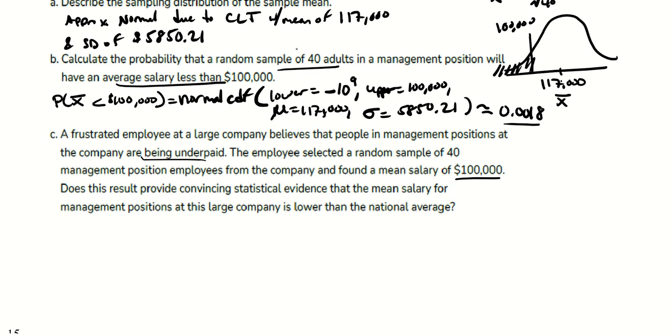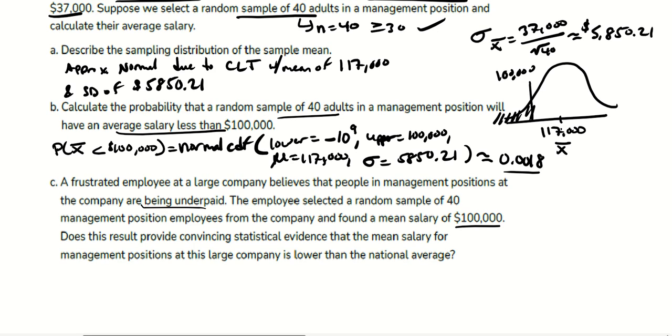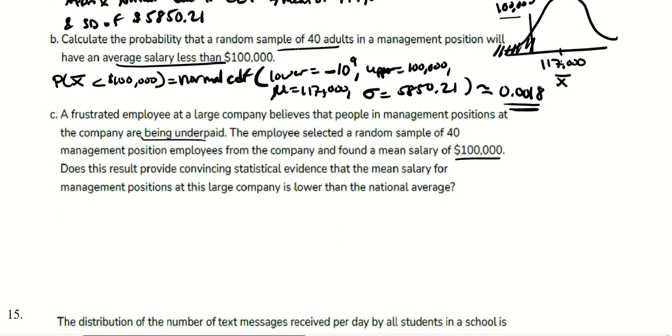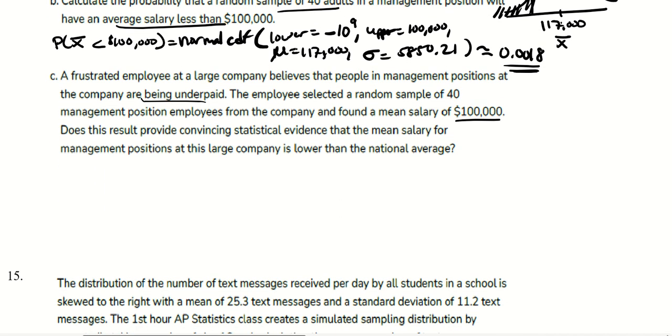Well, this is what we just calculated, guys. That is less than 100,000. It's such a small probability of that happening. And remember, our cutoff is 5%, right? So we're going to say yes, since 0.0018 is less than 5%, which is 0.05.